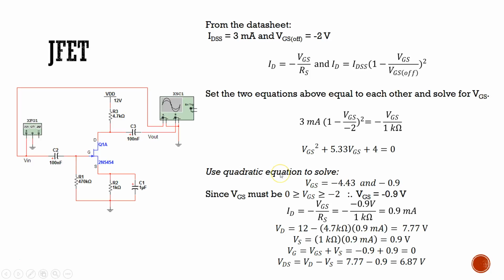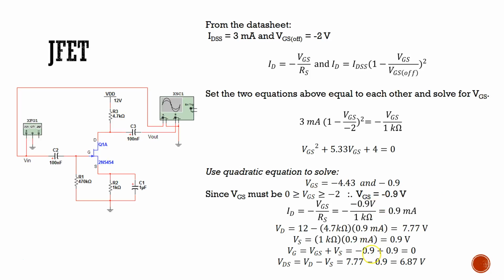Easiest way is to plug it in the calculator, or you can use the quadratic equation to solve, and we get the following two answers. Since VGS must be between 0 and negative 2 volts based on VGS off, we'll pick the negative 0.9 volts.